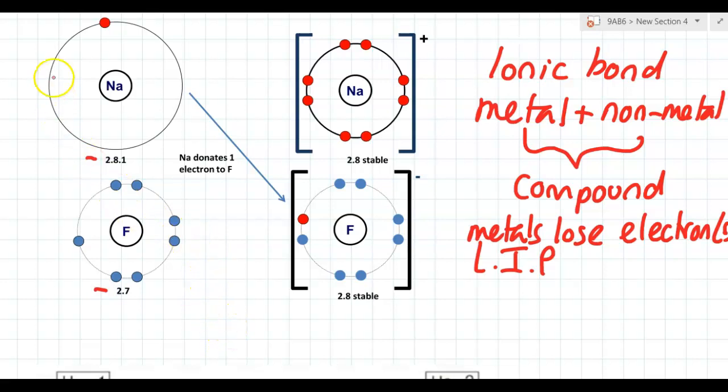When they bond, the sodium wants to end up with a full shell, and the easiest way to do that is to give away its electron and give it to the fluorine. Notice what happens. That extra electron has made fluorine have a full shell, so we now call it fluoride, and it's happy because it's stable.